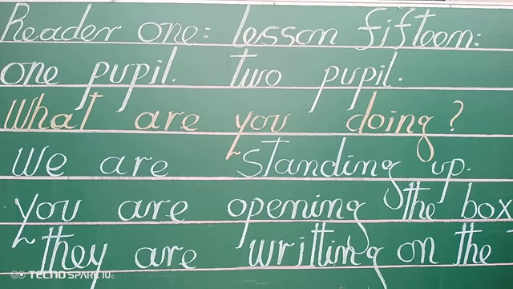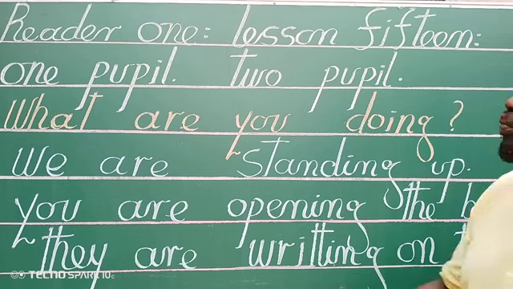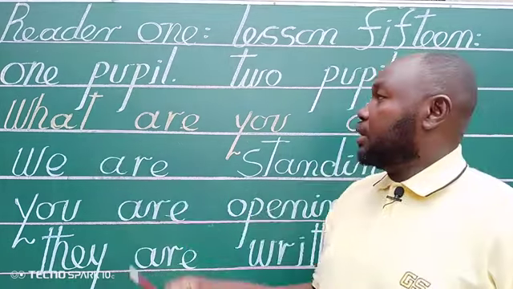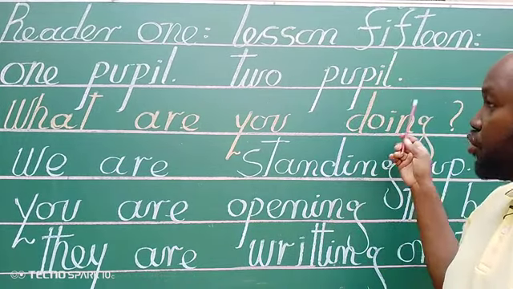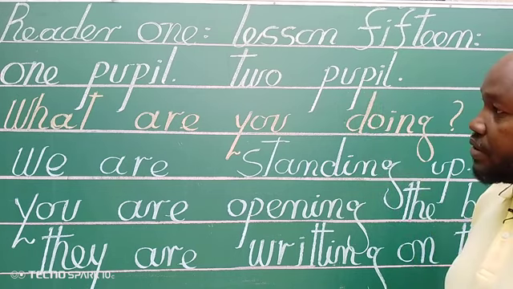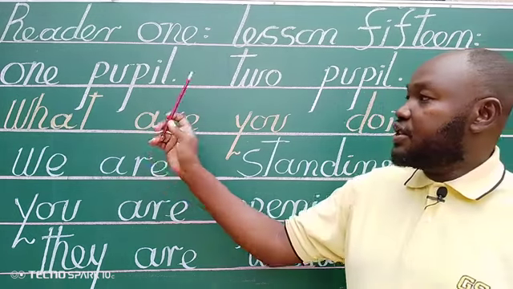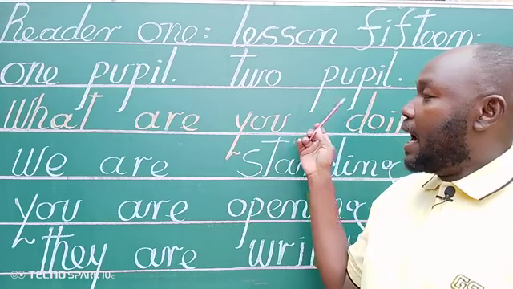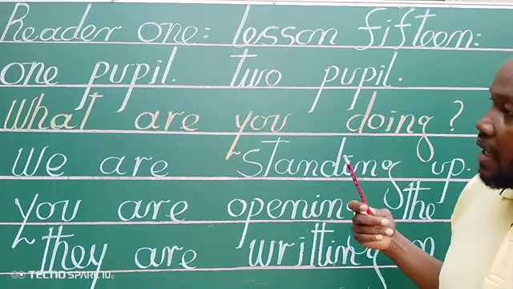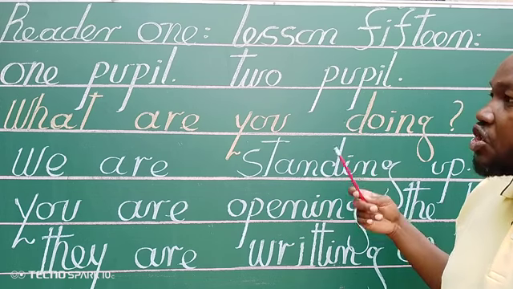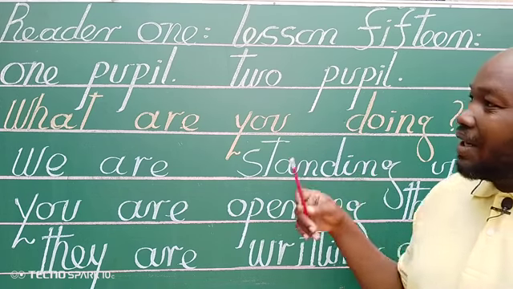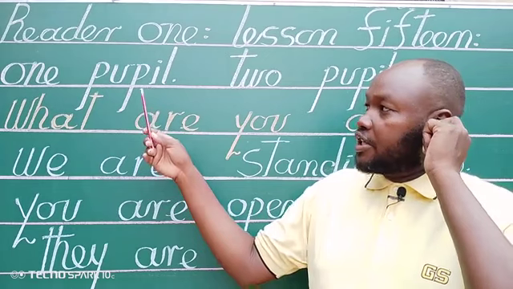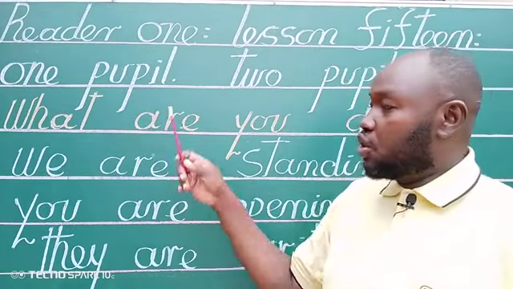In lesson 15, we have here one pupil, two pupils. We have the difference between 1 and 2. As we mentioned, in English grammar, one means only one, which is the meaning of singular.